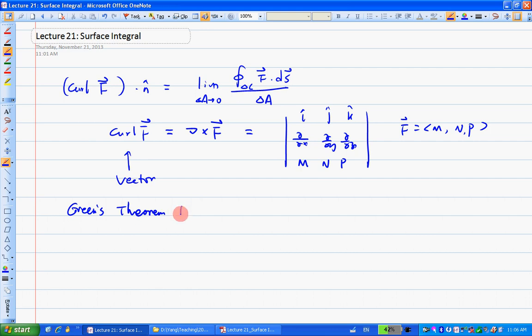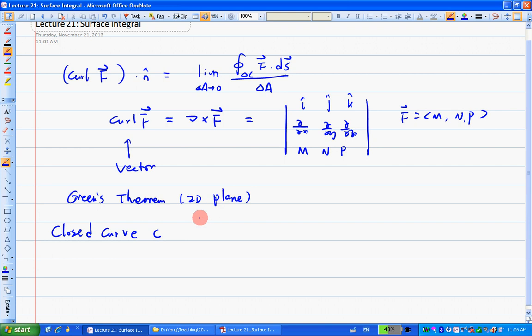The Green theorem that we were talking about, first of all, this is a 2D case. So basically, Green theorem focuses on the XY plane or YZ plane or XZ plane. So it's a plane. Then inside the plane you have a curve C, a closed curve C. Then we have a vector field F, and this closed curve C we generally orient counterclockwise, which is what we call positive orientation.